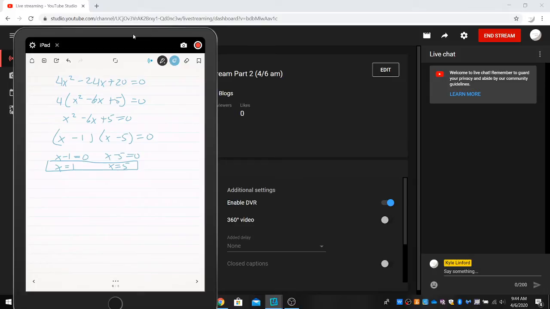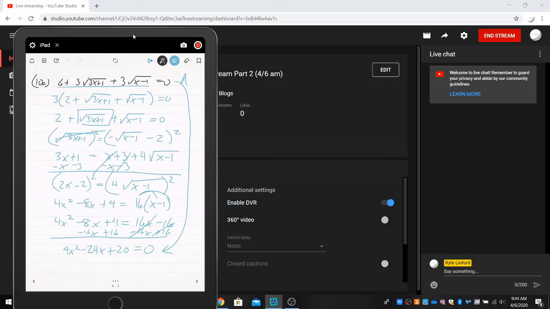Now, we have to go and check our work. We got to make sure that they're in fact both solutions. Notice though, when I check this work, I am plugging these solutions into the original equation. I am not plugging it into the quadratic.